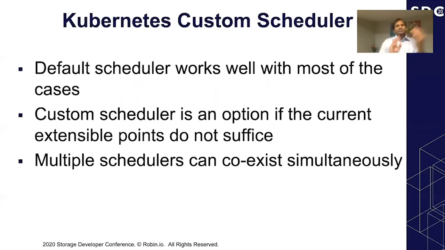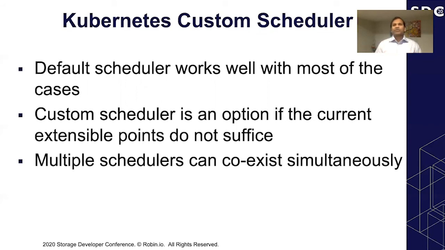So you have extension points, you have the storage class volume binding mode, but if they don't suffice for the placement and data protection of your application's copies, then you can write your own custom scheduler parallel to the default scheduler for the placement of the pods.